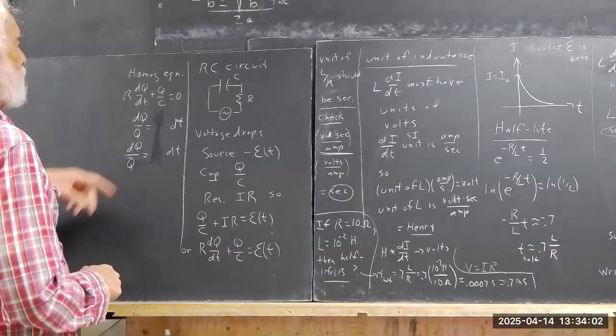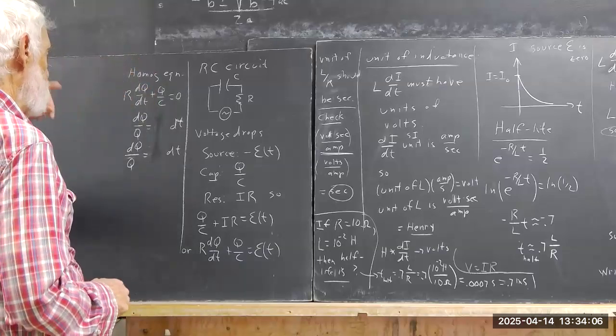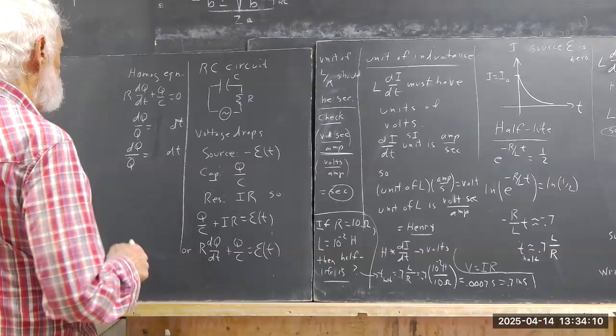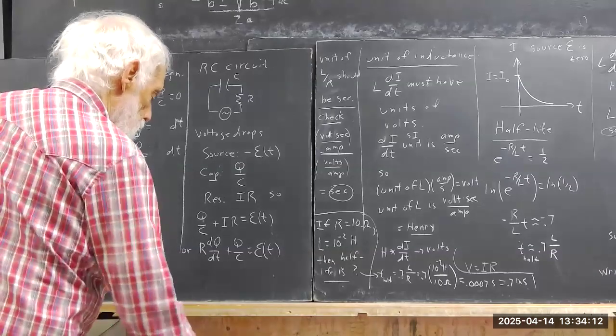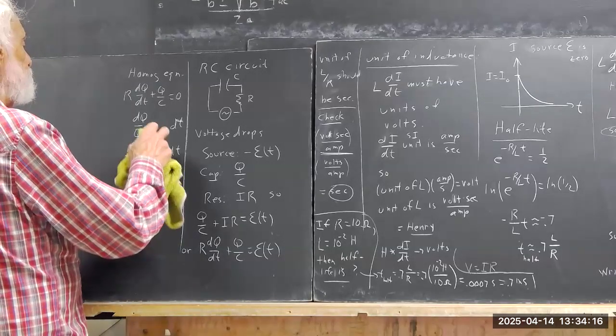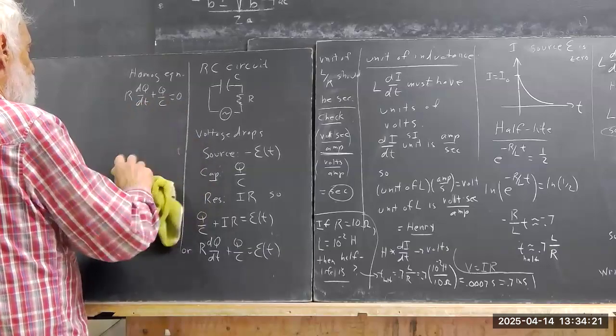You divide through by the RC, you get q over RC. I skipped some steps, so excuse me. Let's make sure we understand all the steps.